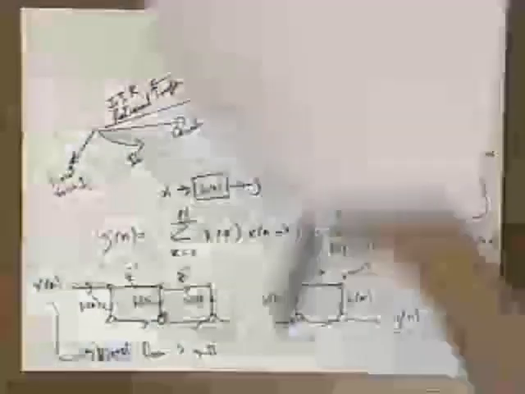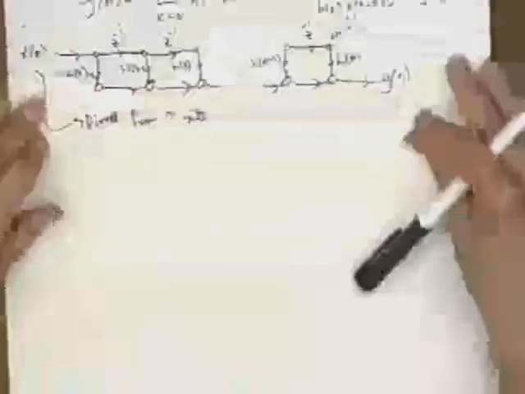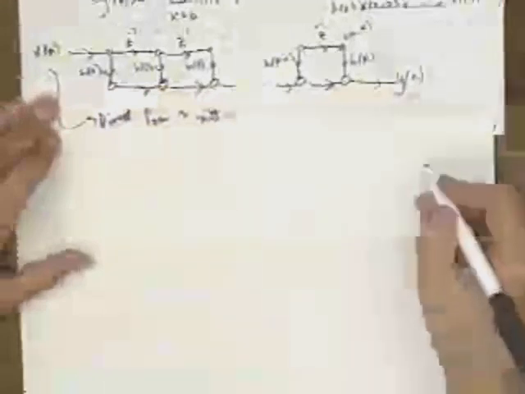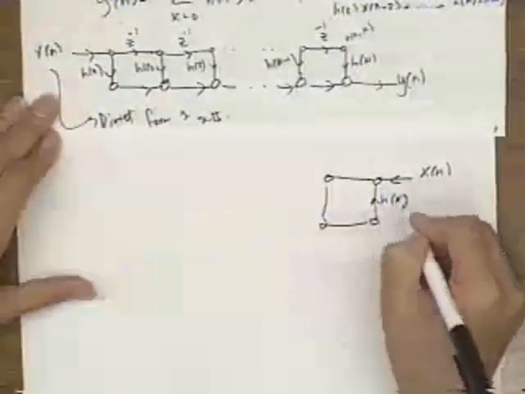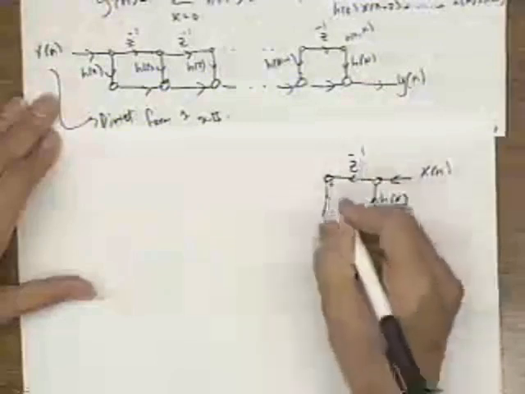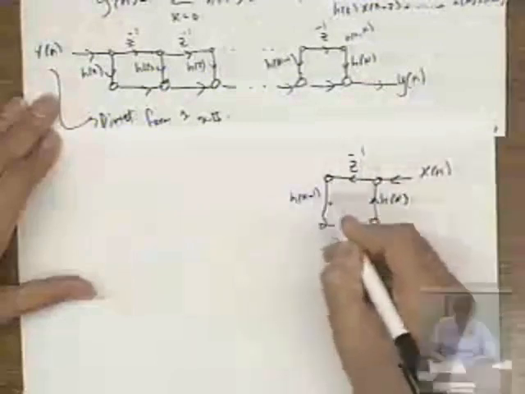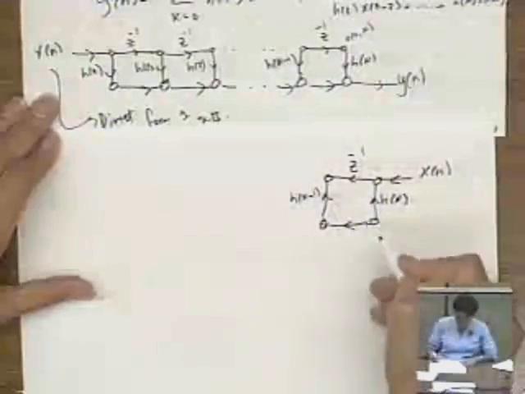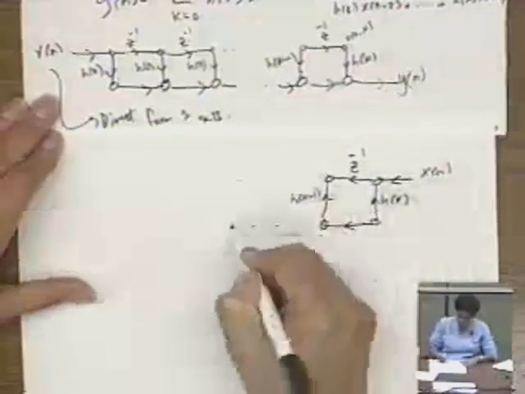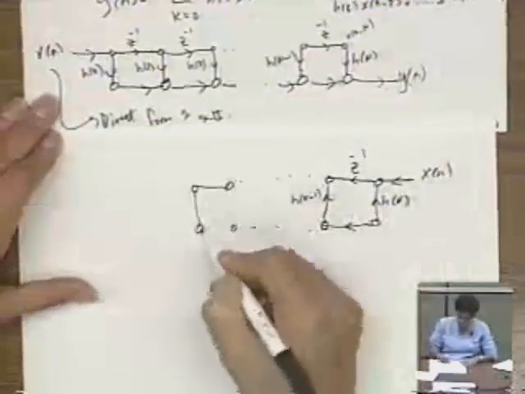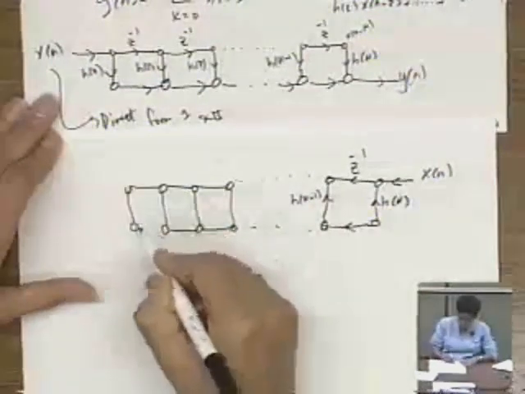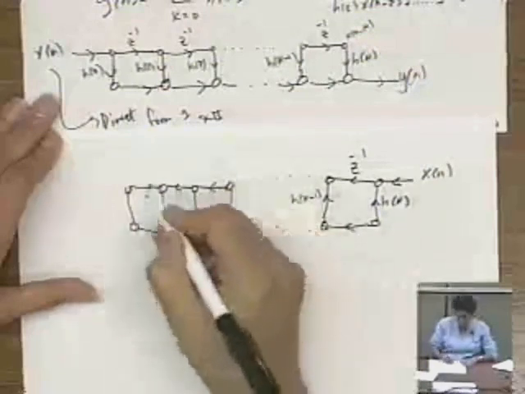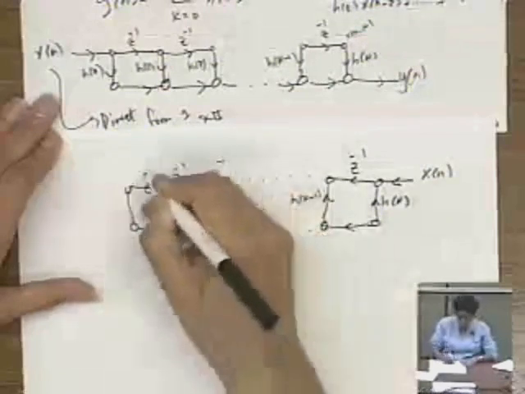And now that we learned about the transposition theorem, we can also transpose it and have the same system. So how would transposing this work? Well, call that x of n, reverse that arrow, and reverse all the other arrows. So it'll be an arrow going this way.